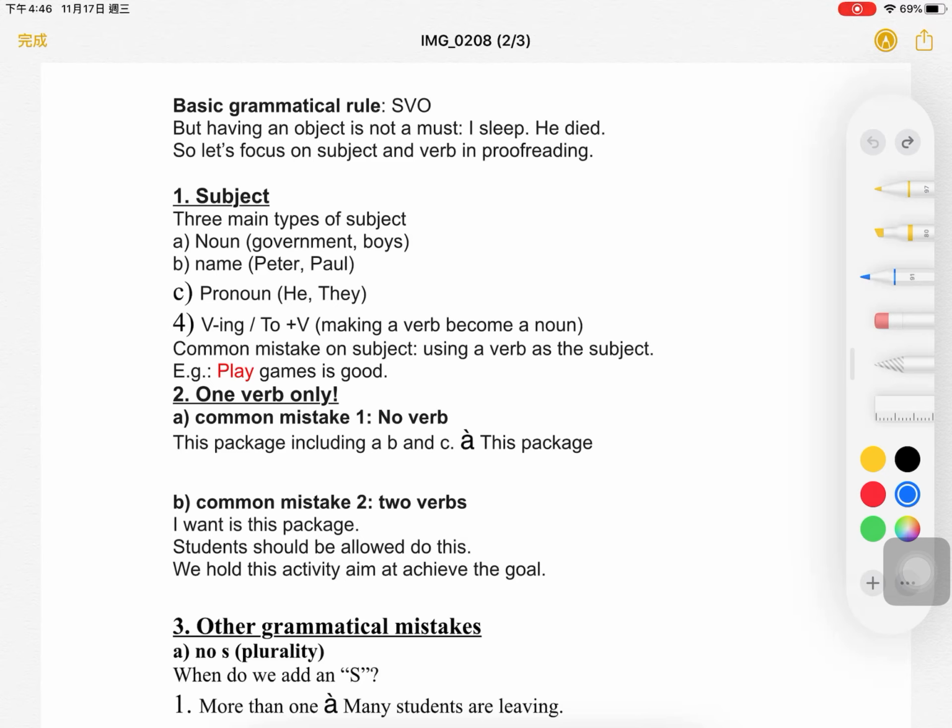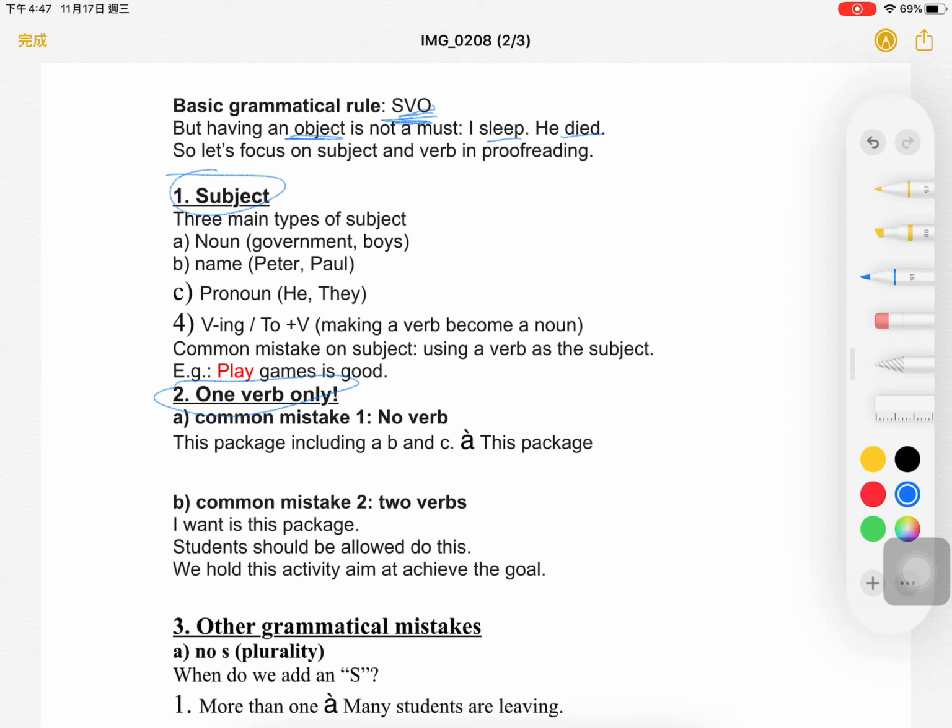Okay, so for basic grammatical rules, we have to have SVO. But object is not a must, because you can say I sleep, he died. So subject and verb are more important.